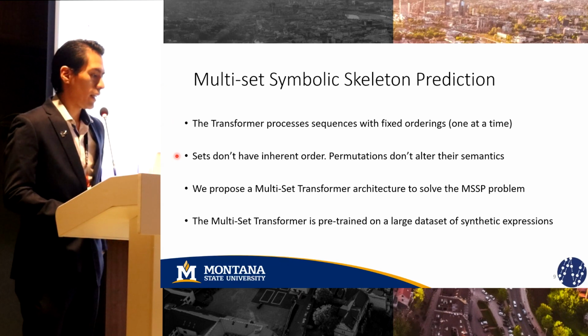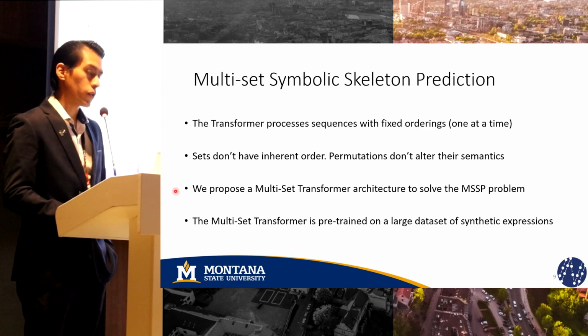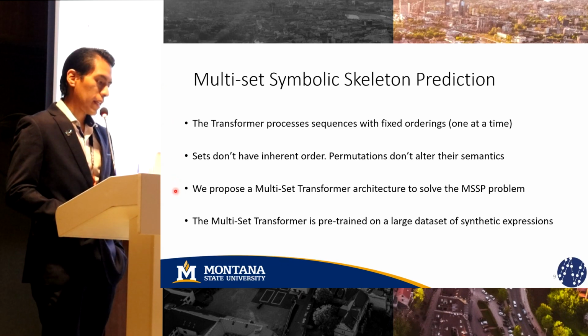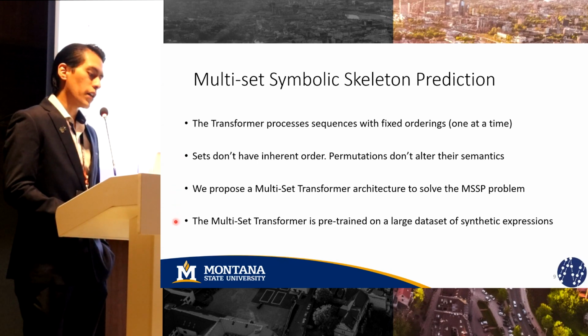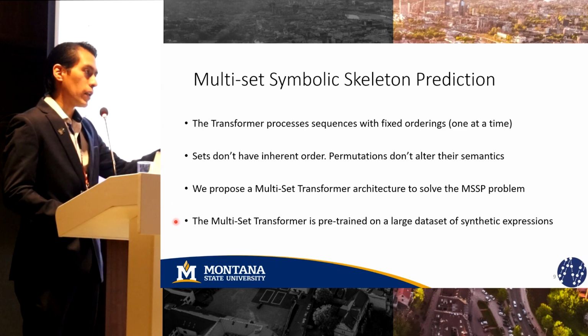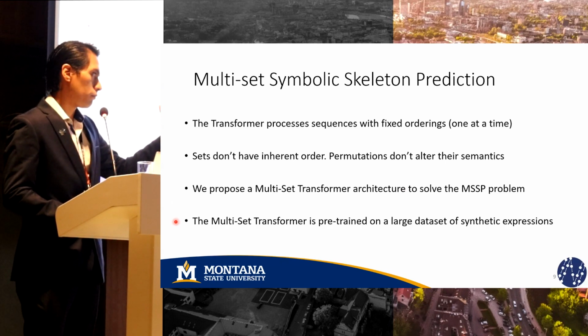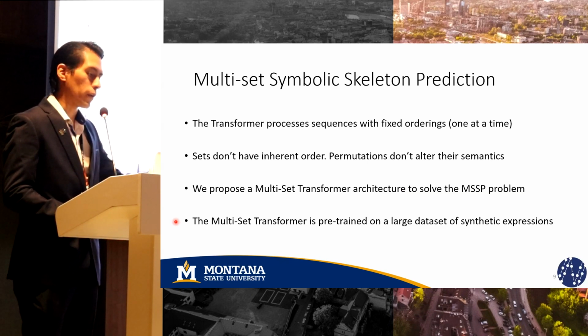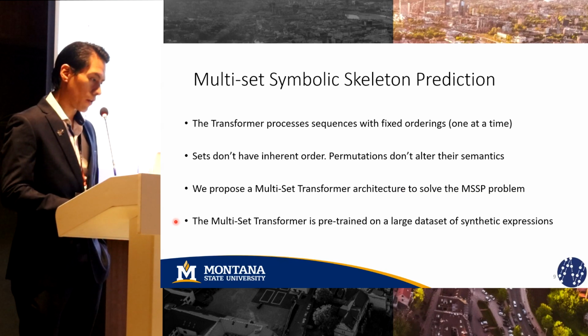So we're proposing a multi-set transformer architecture to solve this problem, and the objective is to pre-train this model on a large data set of synthetic expressions so that it's ready to perform inference whenever we receive new data that corresponds to the phenomena that we're studying or observing.